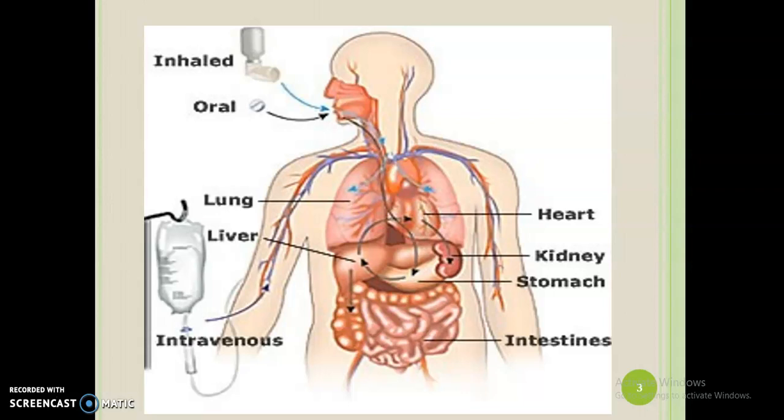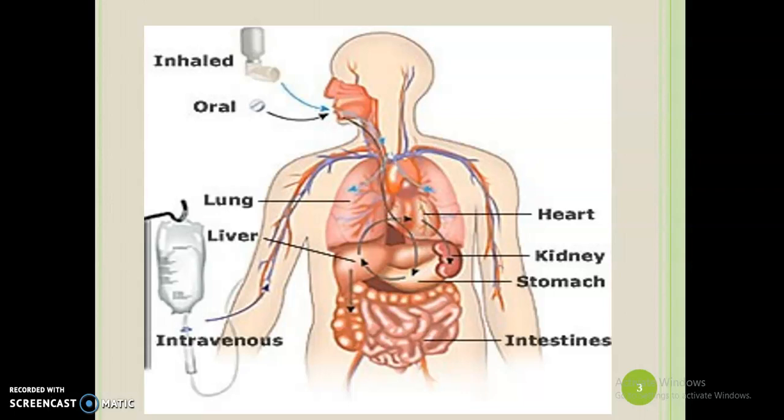After reaching the small intestine, mostly 90% of the drugs are absorbed through the ileum of the small intestine. Apart from the ileum, there is the cecum, which is a part of the small intestine.